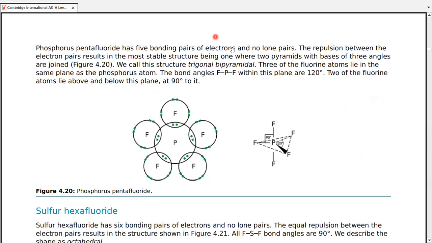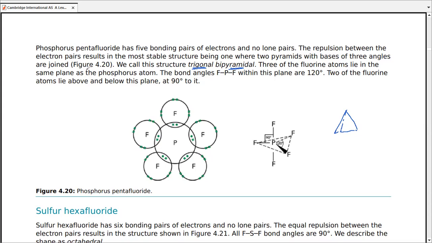We call this structure trigonal bipyramidal. I hope you understand that a pyramid is something like this, like the actual pyramids of Egypt, which gives a better imagination of the structure. Trigonal bipyramidal means there are 2 pyramids with bases of 3 angles.